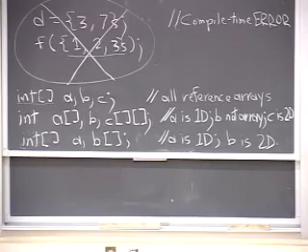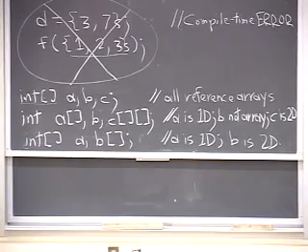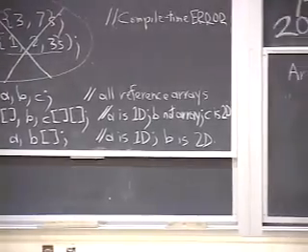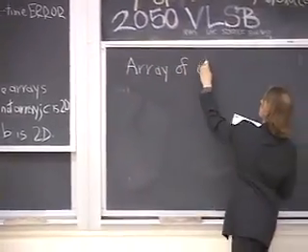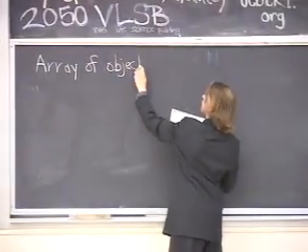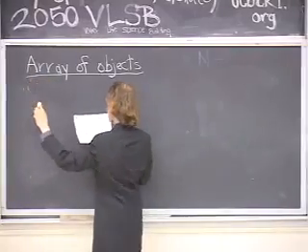So Java can magically create an array of arrays for you. It's important that I warn you that it won't necessarily do the same thing for an array of objects. You can declare an array of objects, you can create an array of objects, but Java will not automatically create the objects for you.